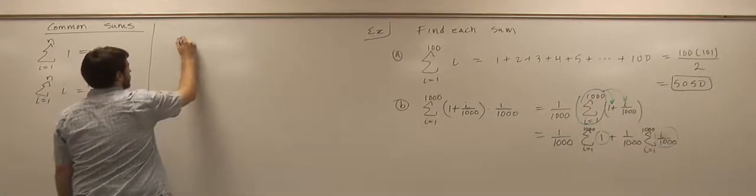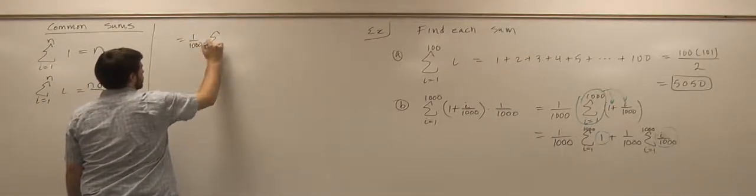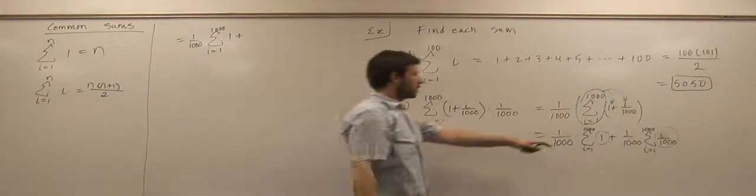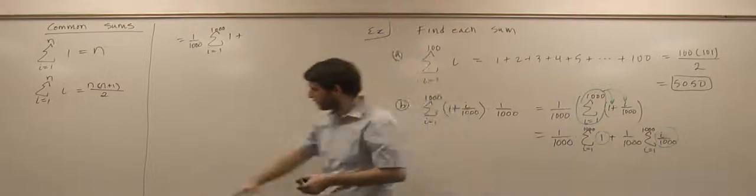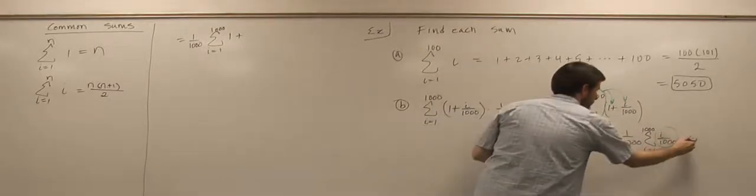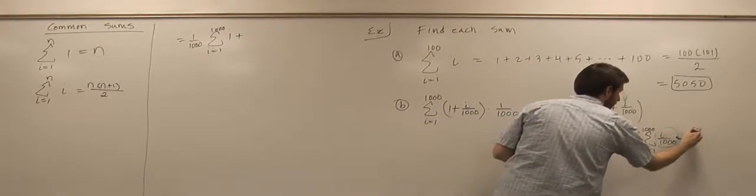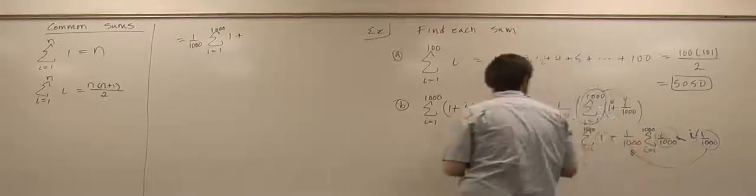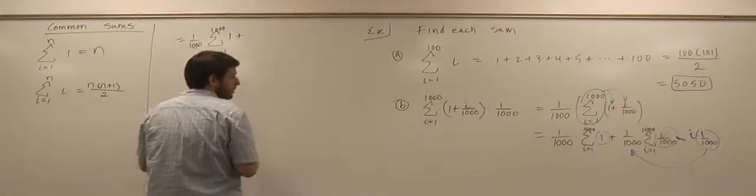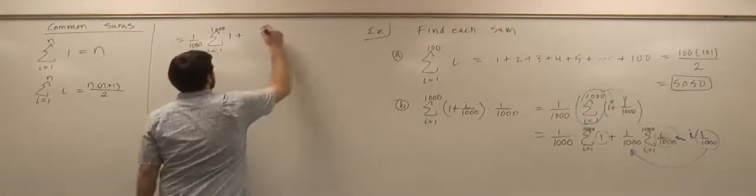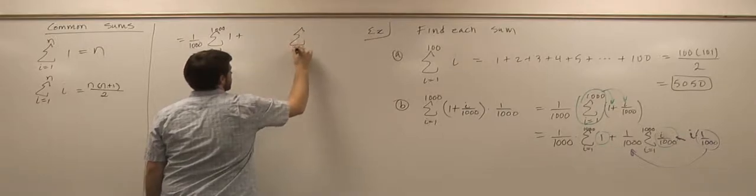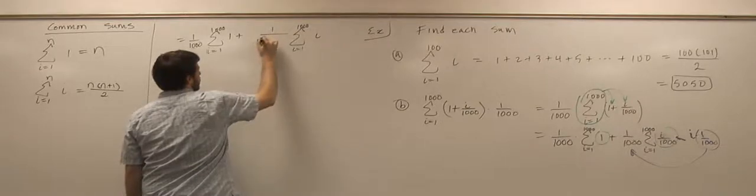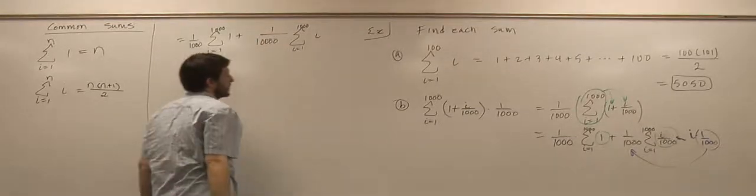So let me rewrite this one. This guy is another constant. This guy is a constant multiple of i. This is like i times 1 over 1,000. So you'll have the sum from 1 to 1,000 of i, but then you'll have 1 over 10,000?